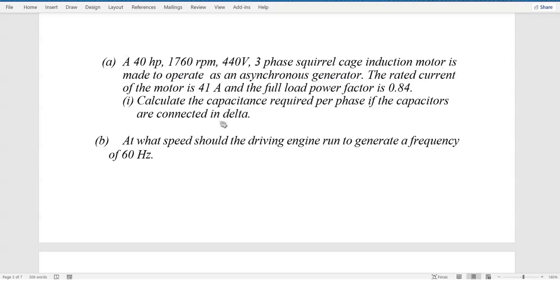So, what is going to be the capacitance required per phase if the capacitors are to be connected in delta configuration? First of all, we need to look at the total apparent power.